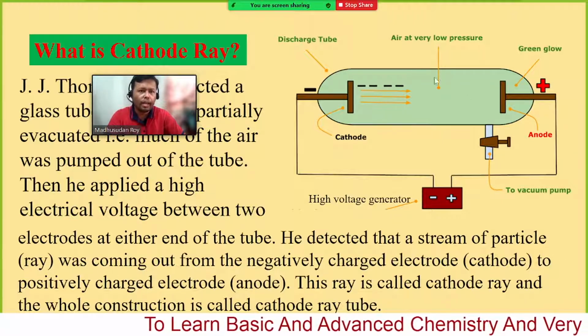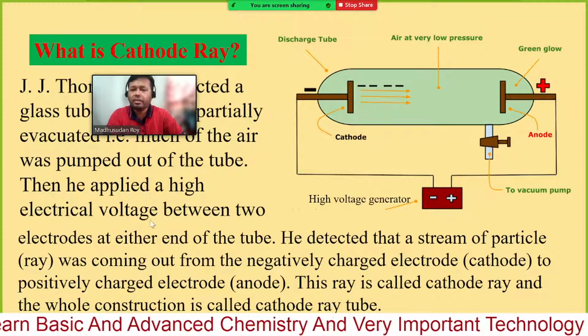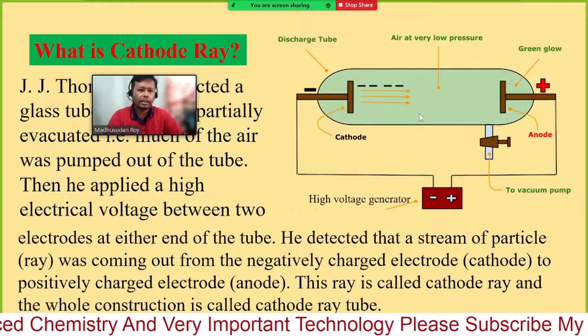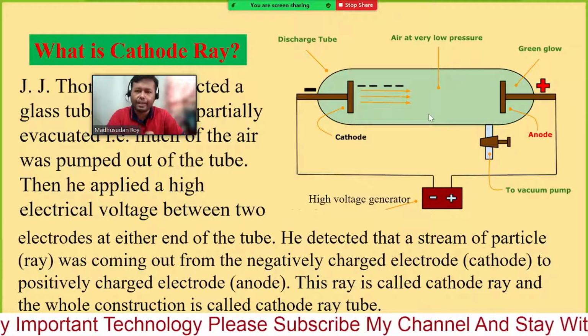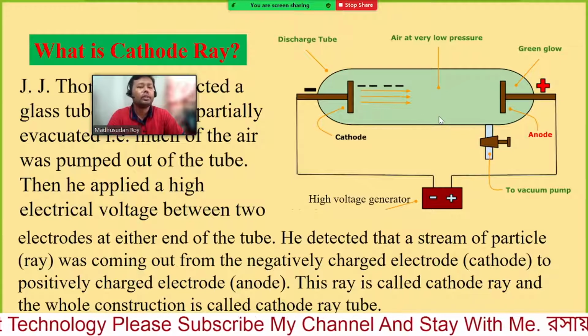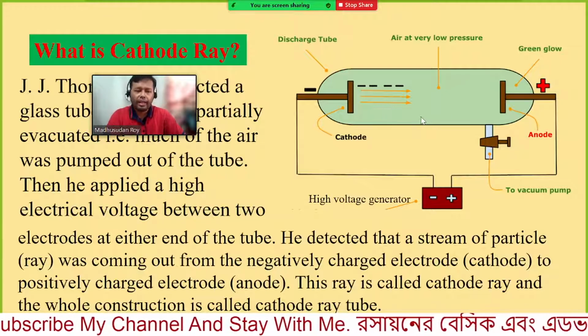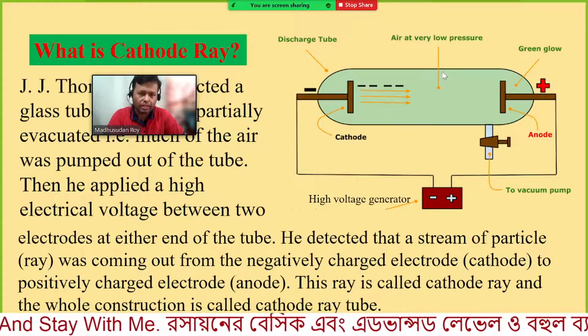J.J. Thomson used to do exactly that: he put electrodes and applied voltage, with a negatively charged electrode on one side and a positively charged electrode on the other.